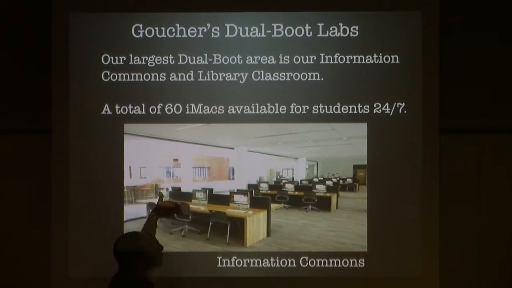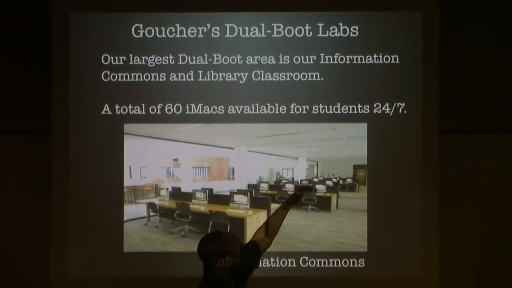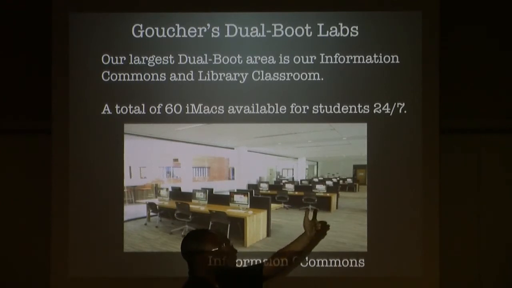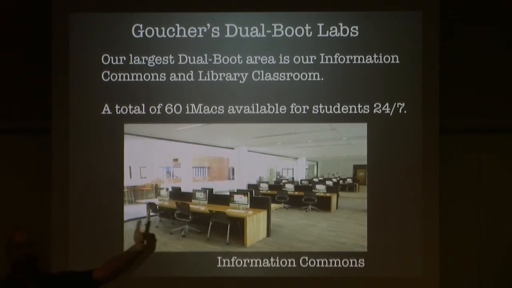We might start all the way up here and then take across one of the extra rows. That's up to 20, 30 machines right there. And then we'll do the other half. We'll do the library classroom by itself. And then we have a Mac Pro Lab, a digital arts classroom. It's Mac only, but we'll do that alone. We break them up in batches. We would like to be able to do them all at once, but we just don't have the manpower to do that.